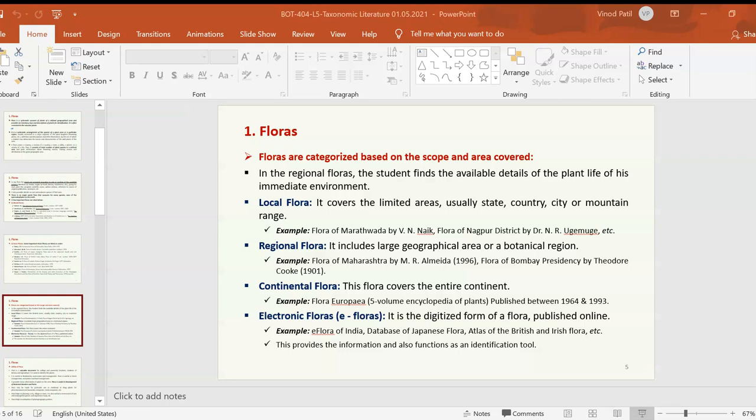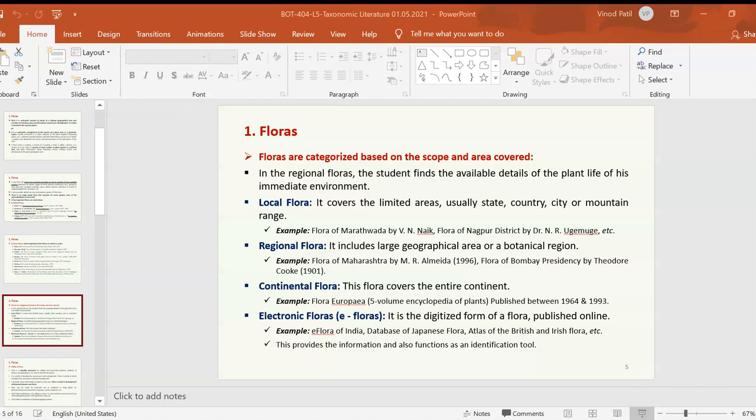In this way, if in the particular random sampling the plant is found, then that is recorded, that is described in the flora. Otherwise it is left out.